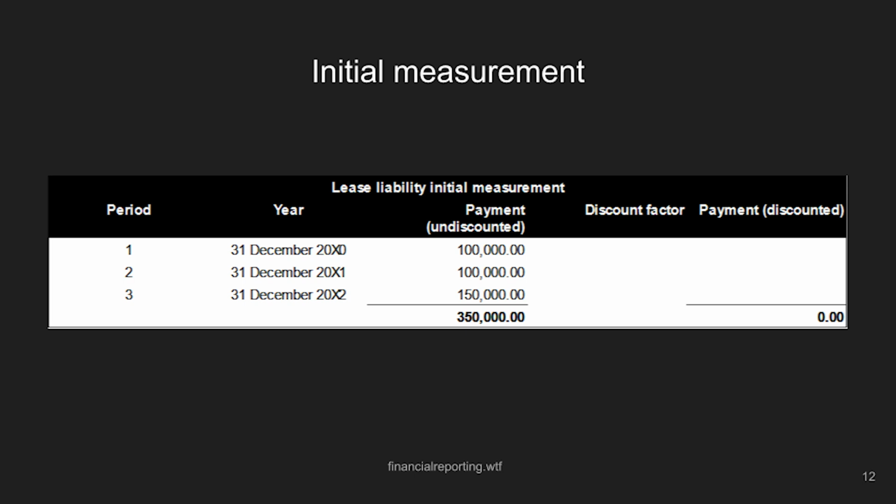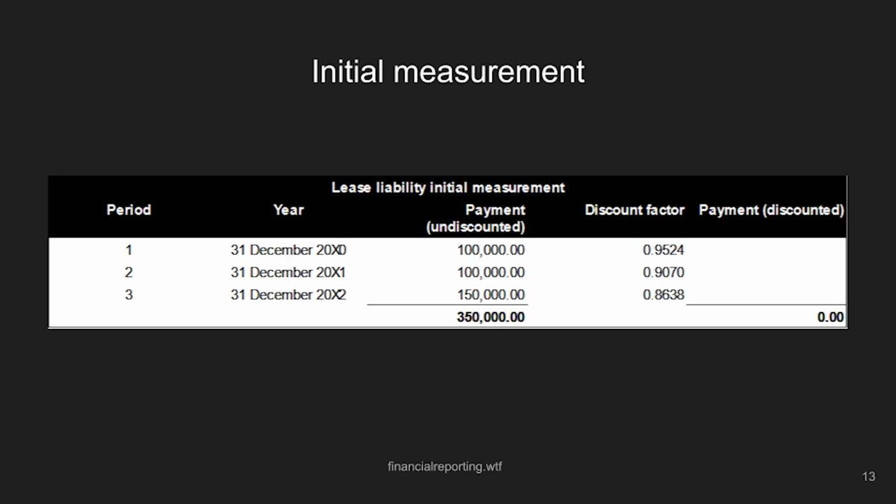We know we have $100,000 each period, so we can plot them out per year. We also know we have the $50,000 anticipated residual value guarantee payment at the end of the period. We can therefore add this to the payment for the final period, $100,000 fixed payment plus $50,000, giving us a total payment of $150,000 for the final period.